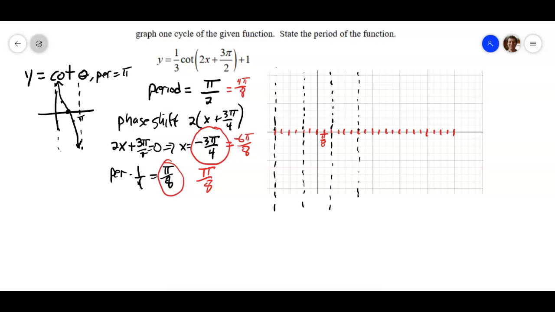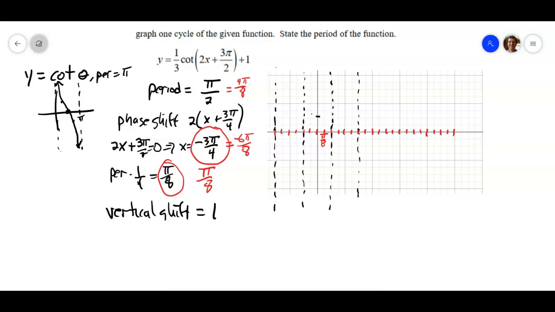Now I'm ready to look at where the point starts, and I see that I didn't work out the vertical shift. I didn't need it until now. The constant term, plus 1. So, in between the asymptotes, normally the cotangent's at 0. In this case, it's going to be up 1.